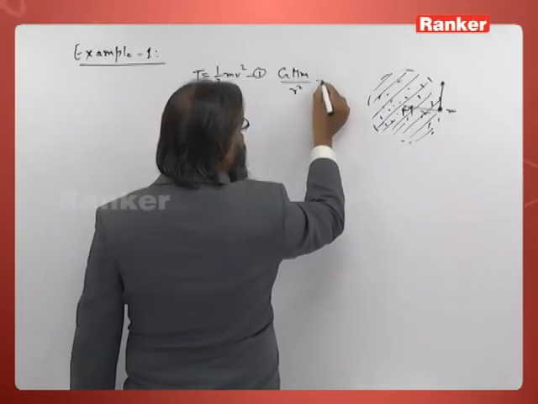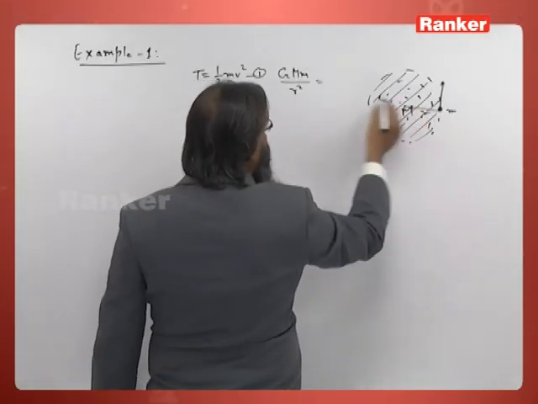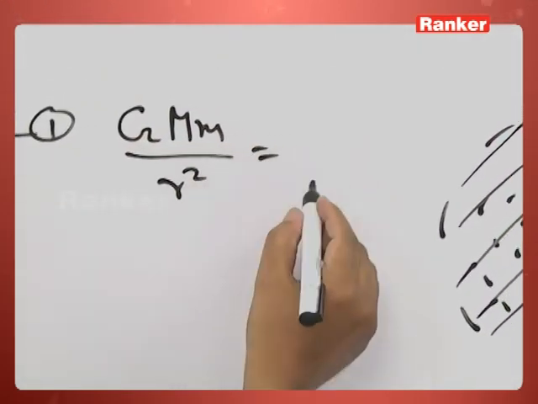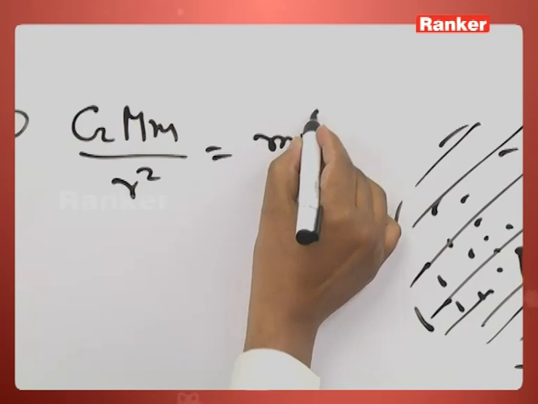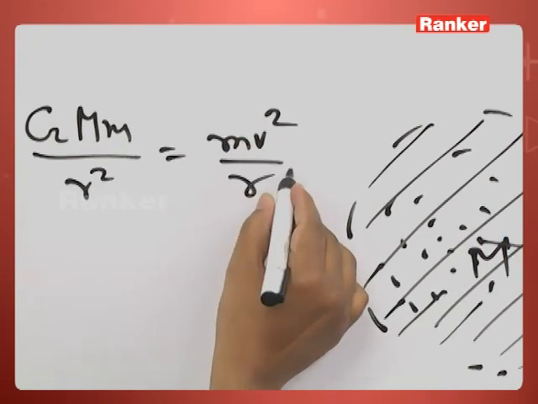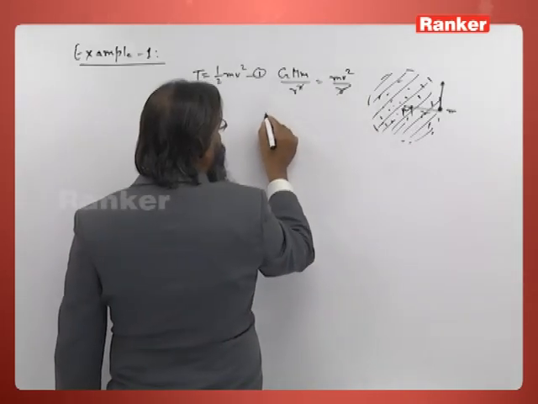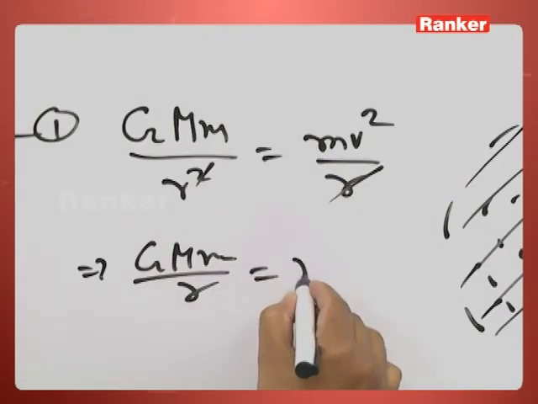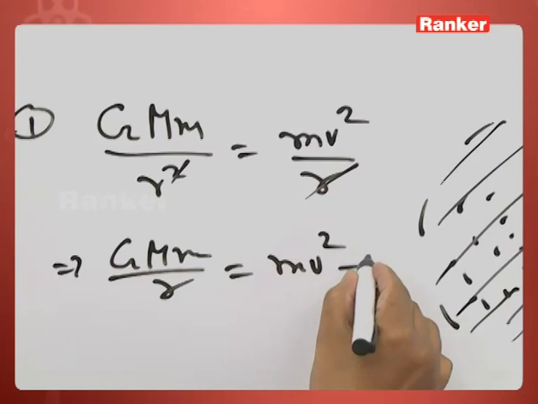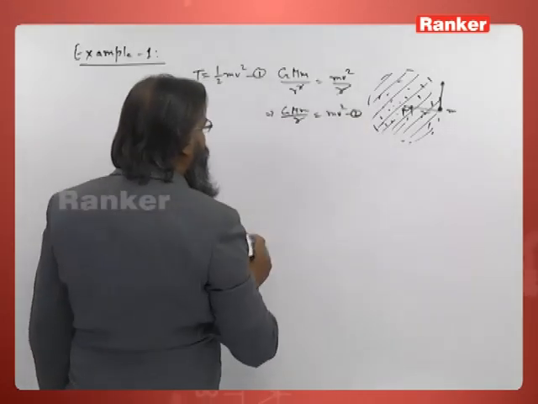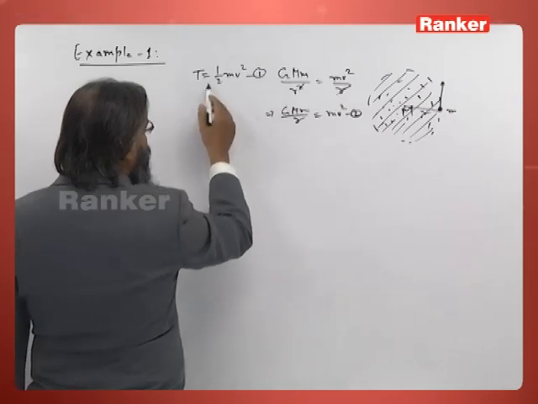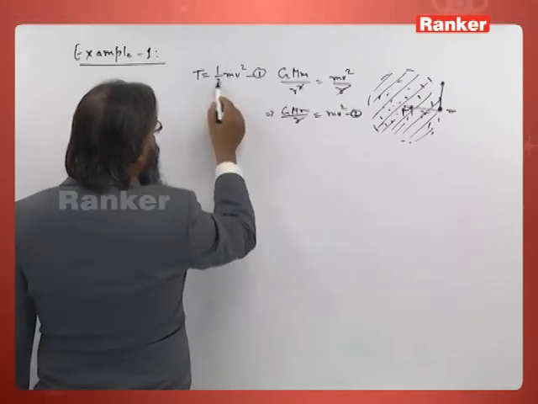The gravitational force provides the necessary centripetal force, mv square by r. So, this cancels out, and we get GMm by r is equal to mv square. This is 2. So, from 1 and 2 we got mv square is equal to 2T.